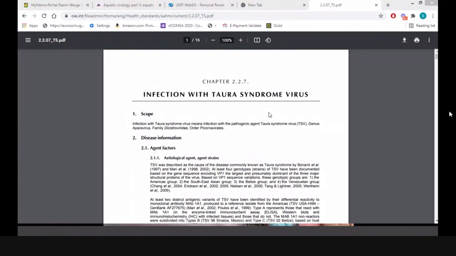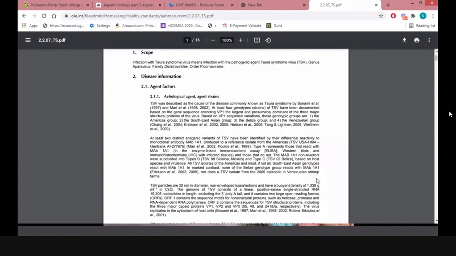Okay, so where did they get all this information? These informations are based on research done by the scientists. Semua maklumat tu akan dimasukkan ke dalam aquatic code dan juga manual. And these codes and manuals will be updated yearly on annual basis.